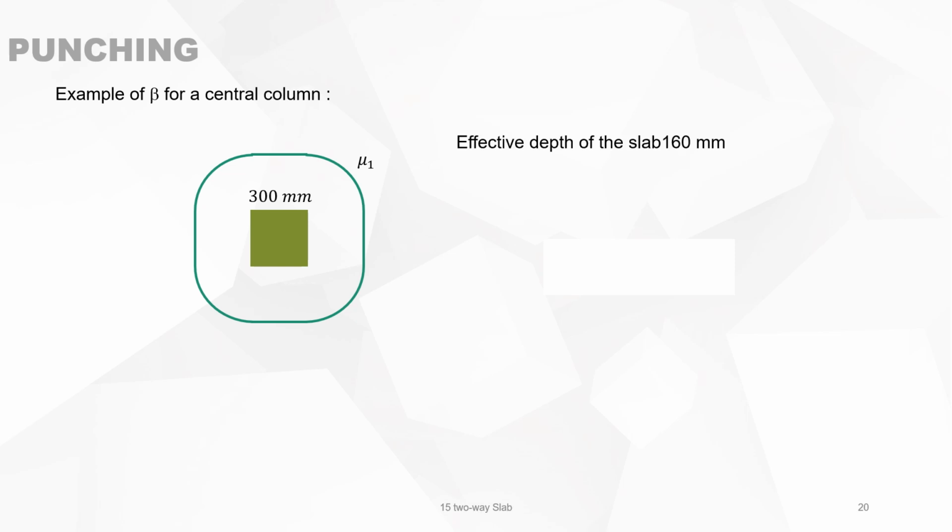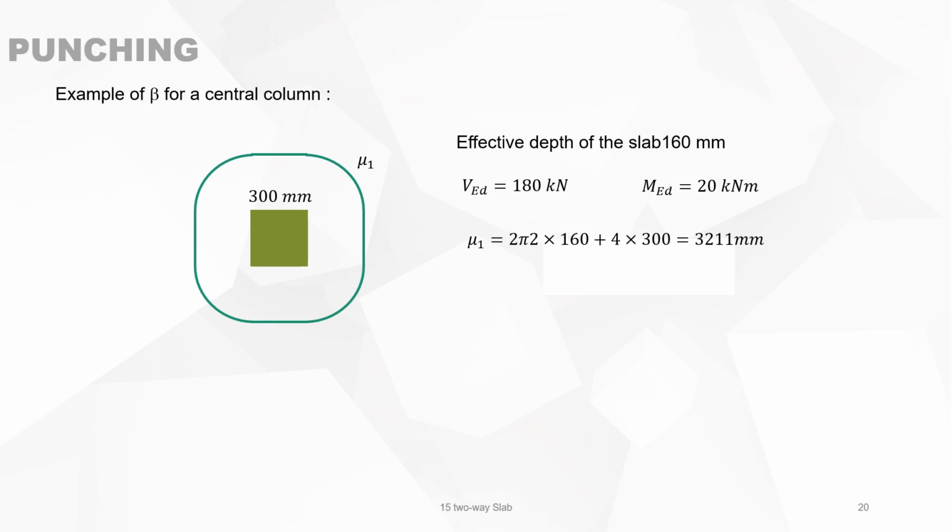As an example, we will calculate beta for a central column subjected to a bending moment and a vertical force. The column is 300 by 300 millimeters, and the effective depth of the slab is 160 millimeters. The support reaction is 180 kilonewtons with a bending moment of 20 kilonewton meter.